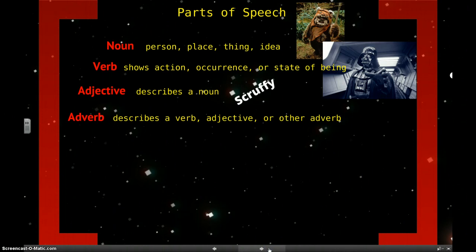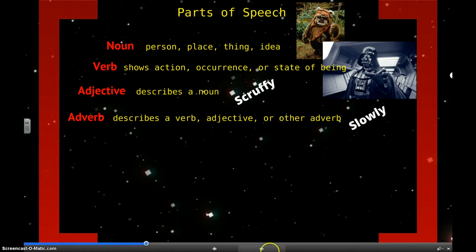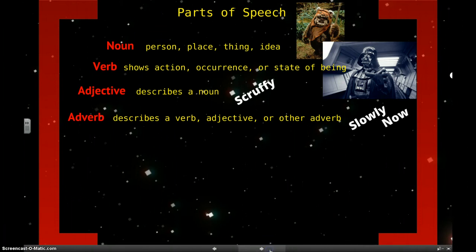An adverb can describe a verb, an adjective, or another adverb. So slowly and lots of ly ending words are adverbs. You can slowly walk. So that slowly is describing the verb walk, making it an adverb. Also words like now, describing when something's going on, can be an adverb.